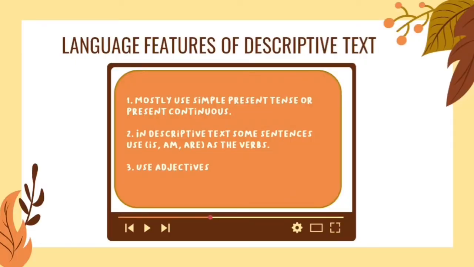Next, we are going to talk about the language features of descriptive text. Descriptive texts mostly use simple present tense, but sometimes they also use present continuous.